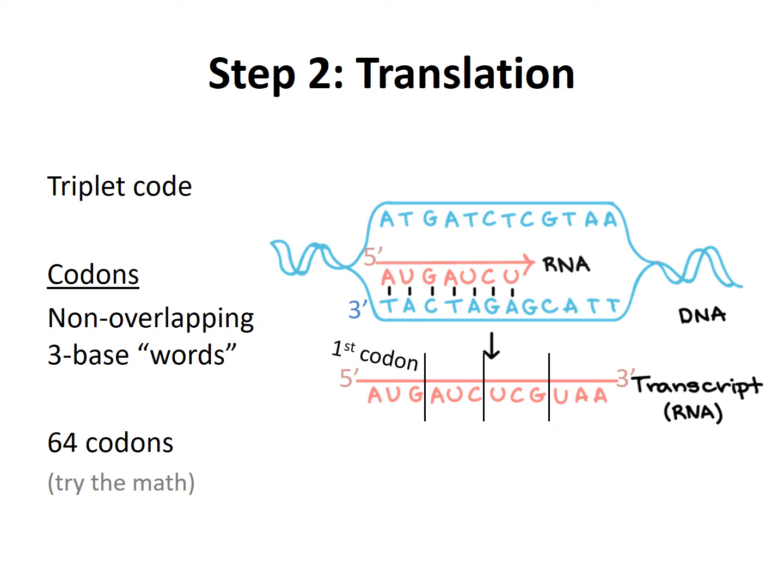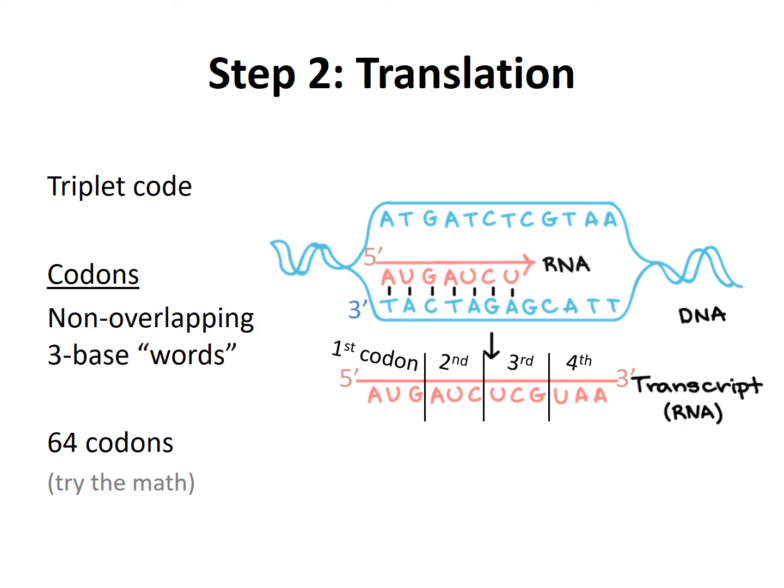So here's the first codon, triplet code because there's 3 letters, triplet. Here's the second codon, here's the third, and so on, down the length of the entire RNA molecule. So these codons, these words that are 3 letters long, they don't overlap. And the letters represent nucleotide bases. So it's really 3 nucleotide bases creating these codon words.